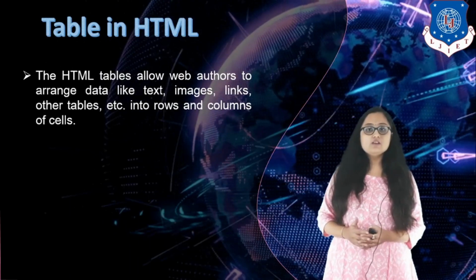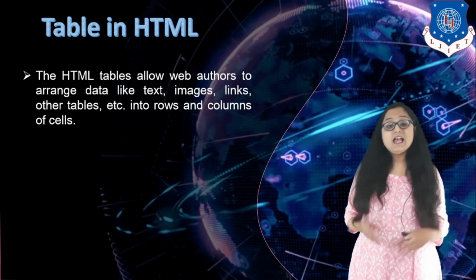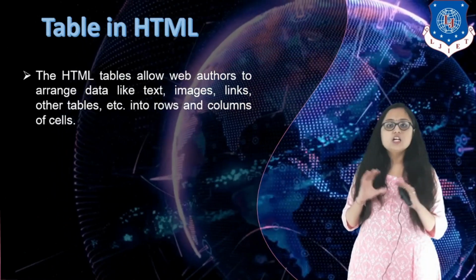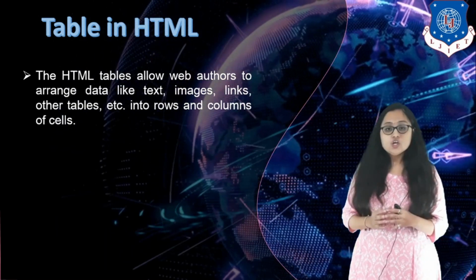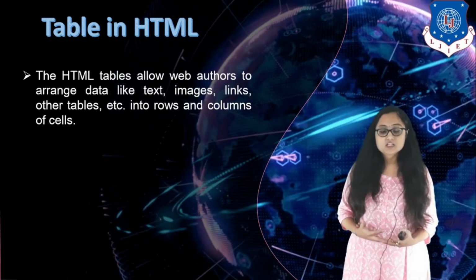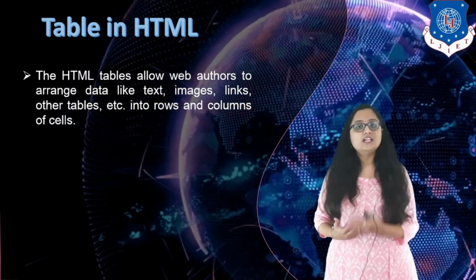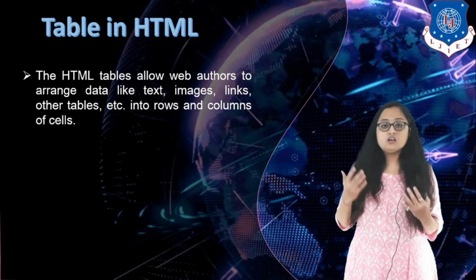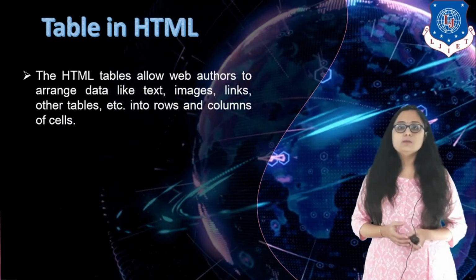Now you may have seen lots of web pages in websites, and you may have observed that there are some contents which are organized in row and column way, right? So whenever you want such an organization in a web page, HTML table allows web authors to arrange data such as text, images, links, and also other tables in this row and column format.